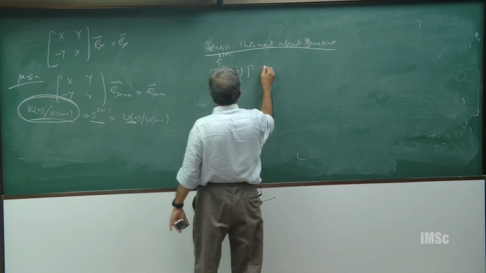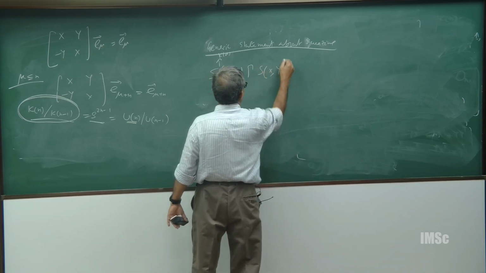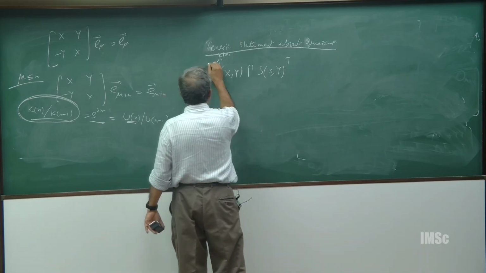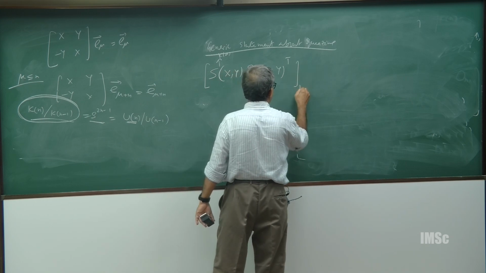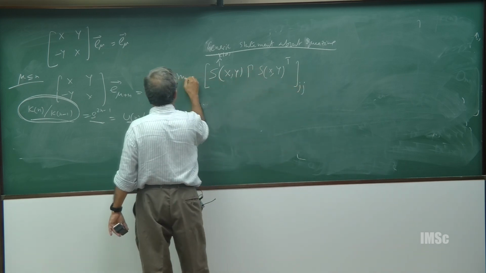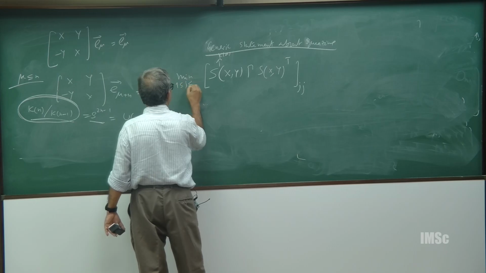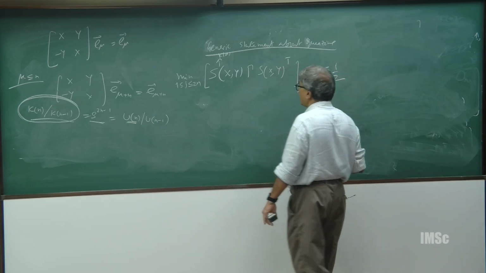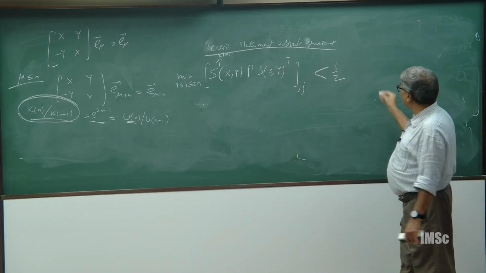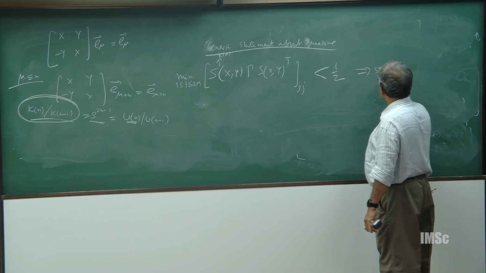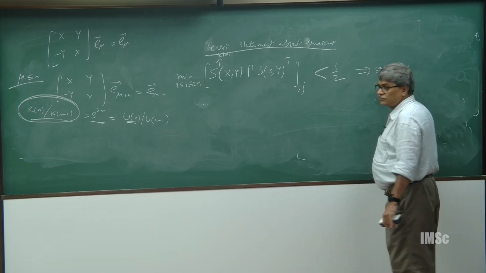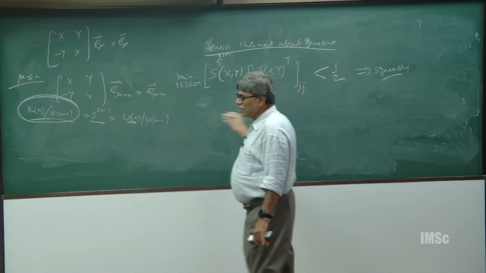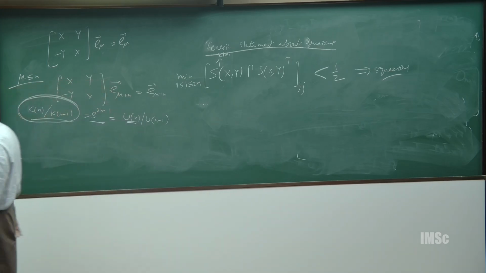Now I take this Jj and the minimum over 1 less than or equal to j less than or equal to 2n. If this turns out to be less than half, then I know that this corresponds to quadratic squeezing, because you can go to the Williamson diagonal form and connect it with this.